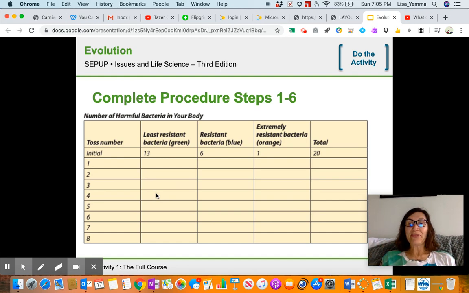And we're going to think about that idea that organisms have variation. Some bacteria have variation within their population that allows them to survive better. So when you watch those videos on variation, that variation leads to the different resistance levels.